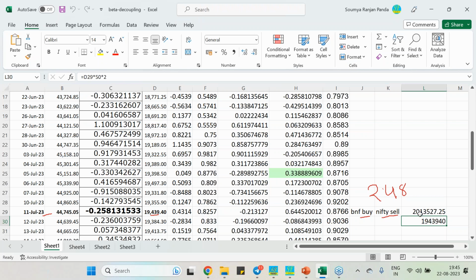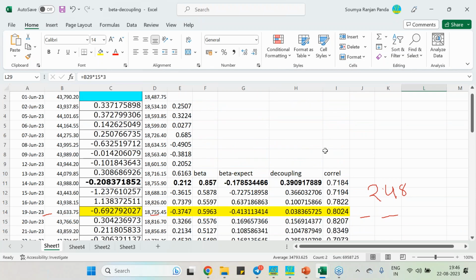One is 20 lakhs purchase and the other 20 lakhs sell. By this process we'll have 169,000 of extra excess purchase, however we cannot make it exactly equal. So we purchase Bank Nifty and sell Nifty.